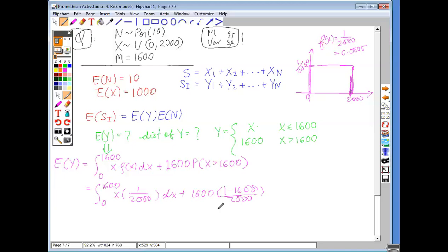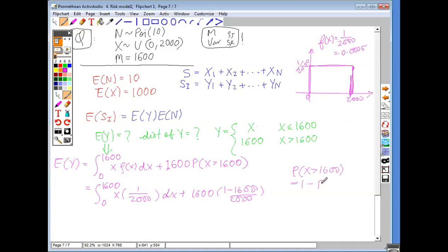Okay, so basically 1 minus 1600 would be some negative value, so it is 1 minus 1600 upon 2000. That underline shouldn't be there. So what you did was 1 minus the F of x. What I have here is the probability that my x will take a value greater than 1600.